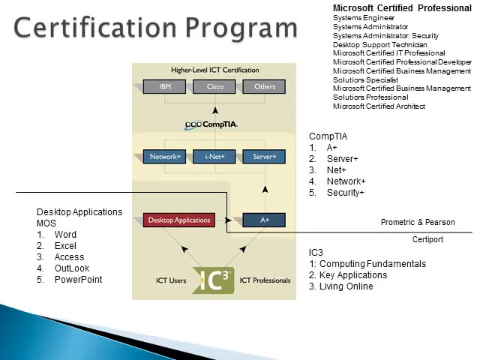Then, after passing A+, you can go into Server Plus, Network Plus, all of which are part of CompTIA. And after you pass these, you can go into higher level IT certification and IT levels. On your top right, you can see that we have the different exam groups for being a Microsoft Certified Professional.